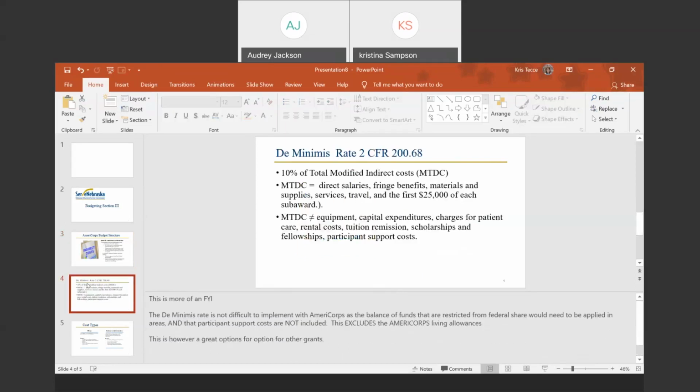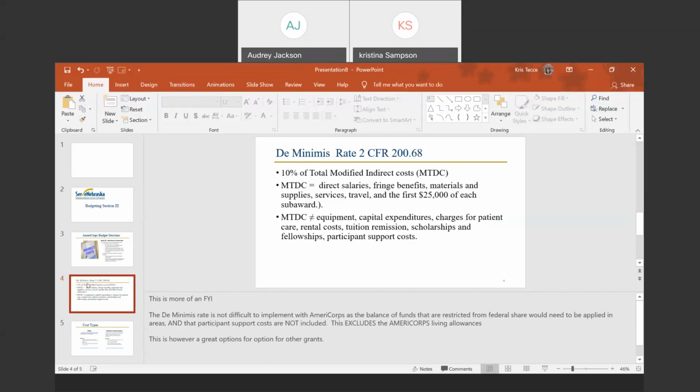Another part, just to give you some information, is the de minimis rate as part of the uniform guidance. That is outlined in 2 CFR 200.68. Again, the federal regulations allow for 10% of modified total direct costs.